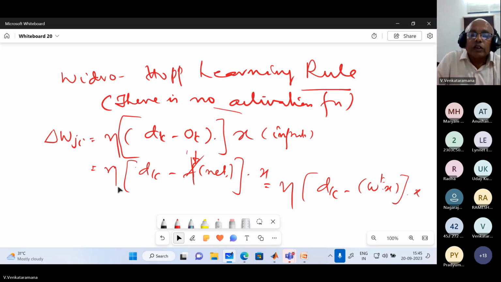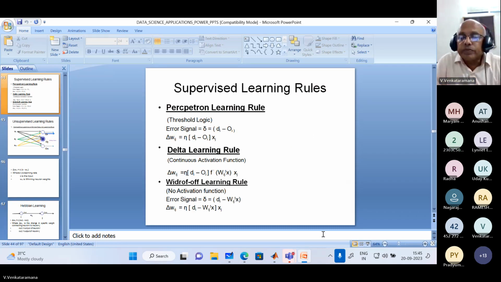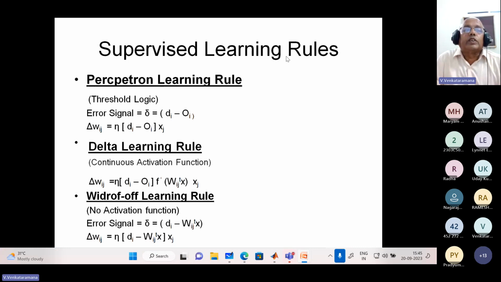Therefore, in this one, the supervised learning has three types. Once again, in perceptron learning, the change in the weight expression is eta into (di minus oi) xj, but the activation function we are using is linear. In the delta rule, we require a continuous activation function like the sigmoidal activation function, etc. There the change in the weight expression is eta into (di minus oi) into f dash of net into xj.